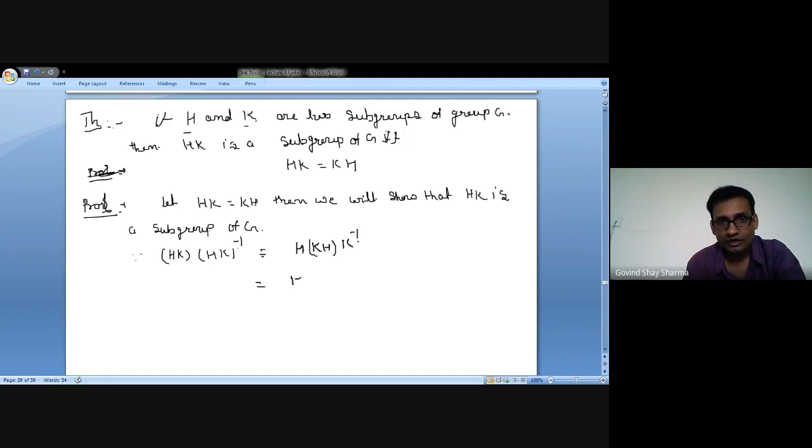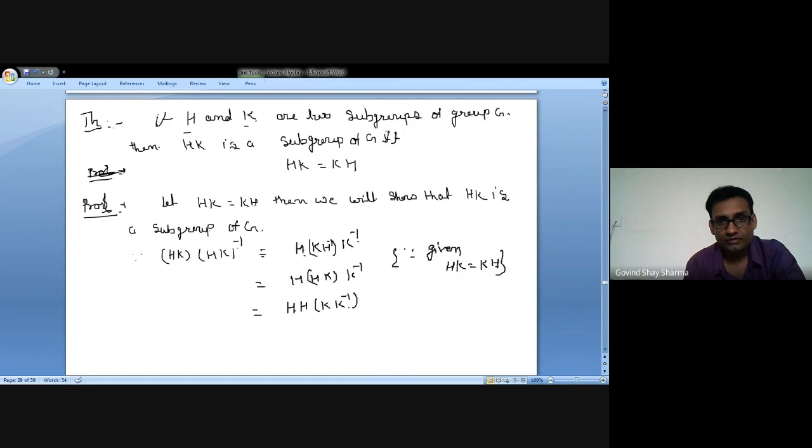Now we can write HK inverse because given HK is equal to KH.